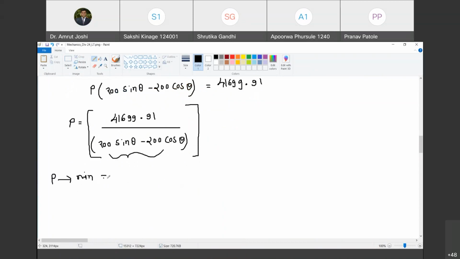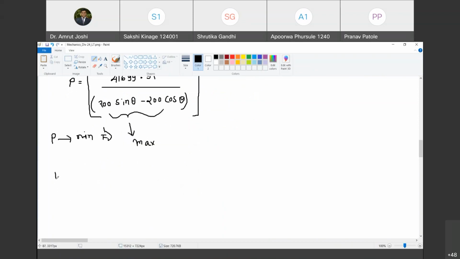This implies that I want the denominator to be maximum. Let me call this denominator D. So let us say D is equal to 200 in bracket sin theta minus cos theta. So maximize D.